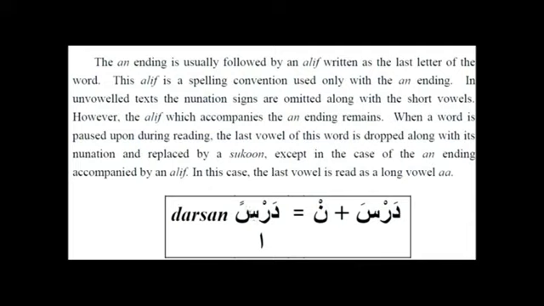Then we put the double fathas making the an, and we follow that by an alif. That's how we represent the an at the end of this word. Darsan. So for certain words, as we said, you would put the nunation, which means the an, or in. And for the an, we would put the two fathas followed by the alif to represent it.